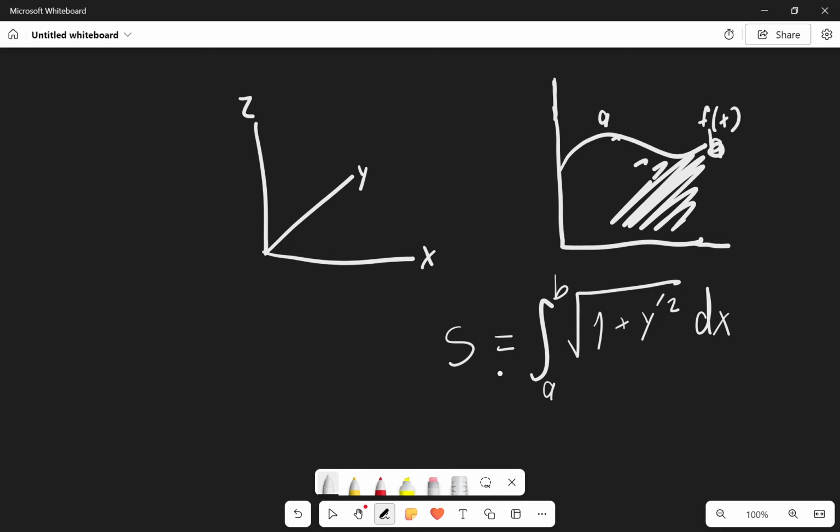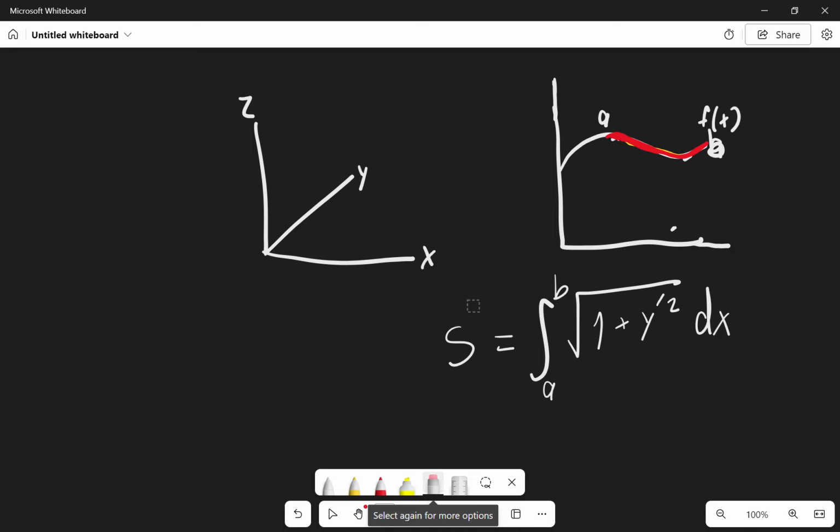This one, instead of the area under the graph, is going to tell us the arc length, the one I highlighted with red. It will tell us the length, the arc length.